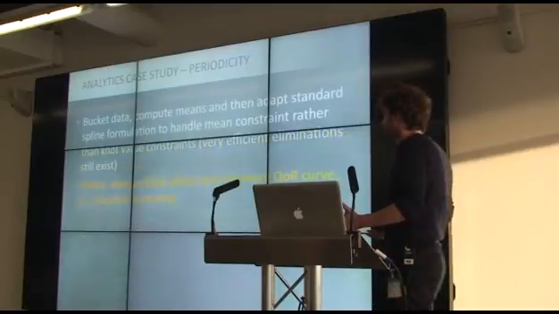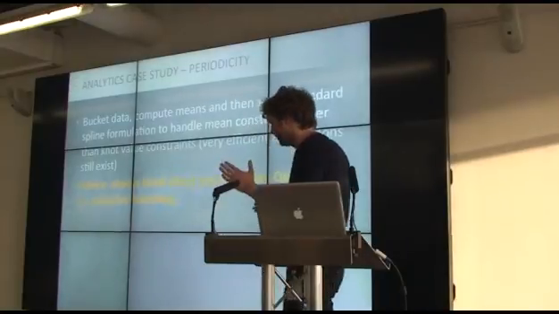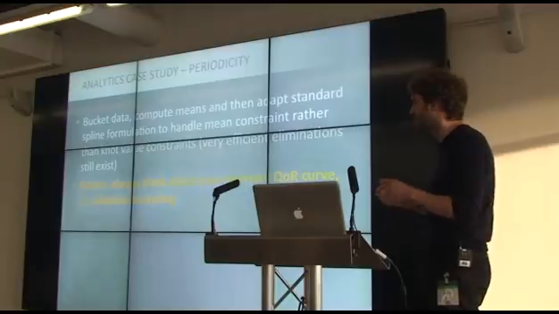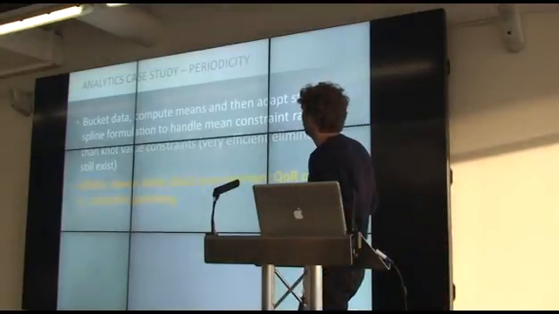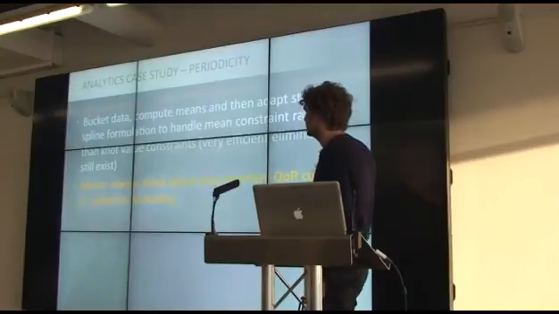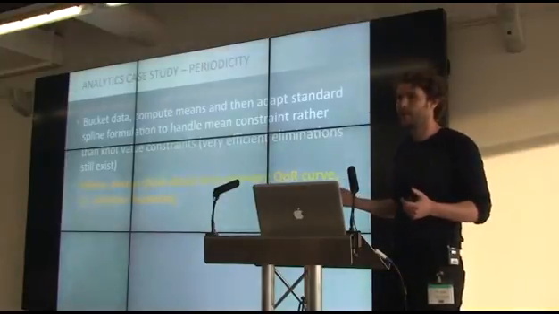So a really simple strategy is just to bucket the period and compute means. You just need to store a count and a mean value in order to update that, and you can update it online. Then you have to interpolate that in some way, and splines actually work very well.